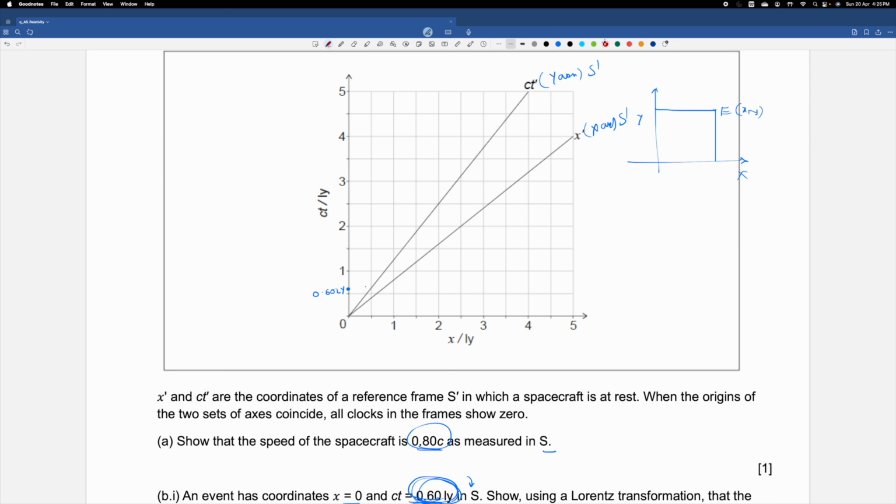So let's do it. I'm going to draw a line parallel to my x prime. As you can see, that line is parallel to my x prime, and this is where it intersects, and that is my point P, basically the coordinate 1.00 light year.